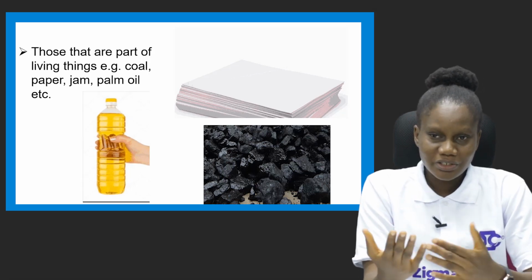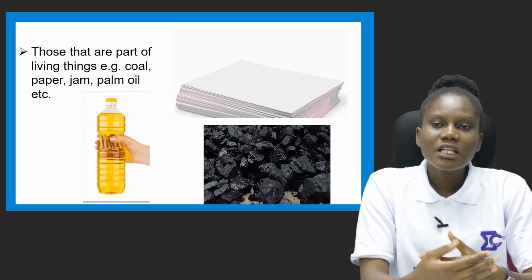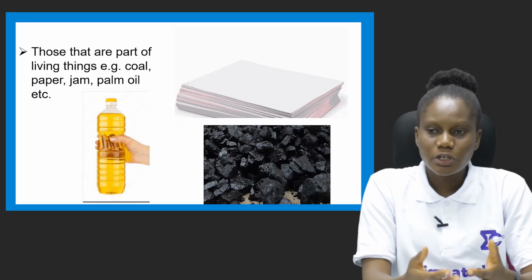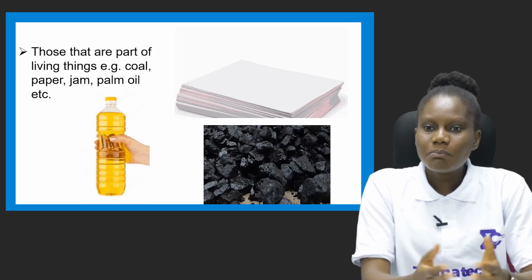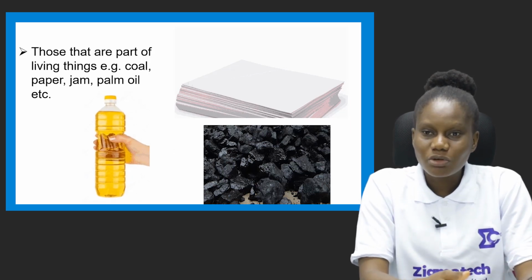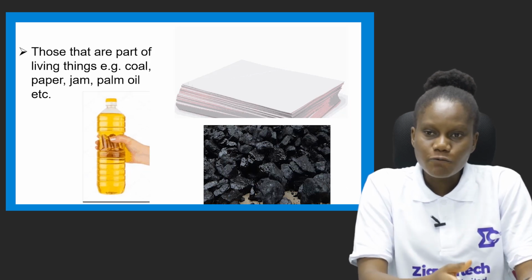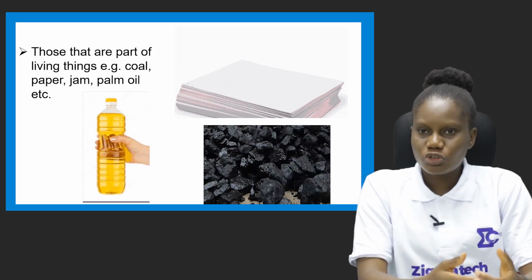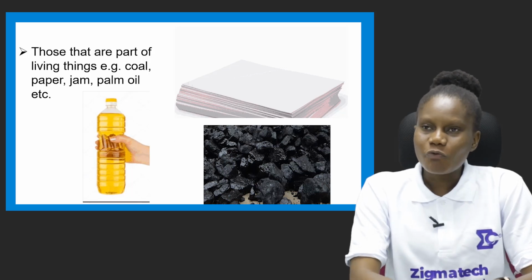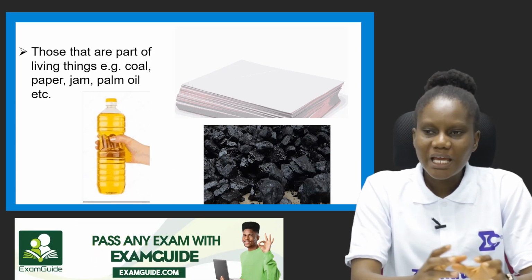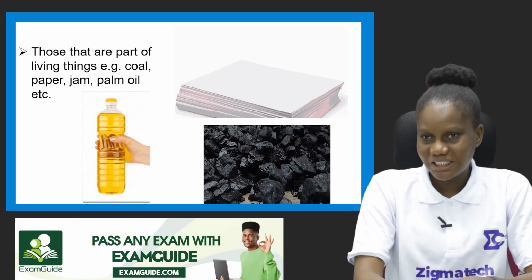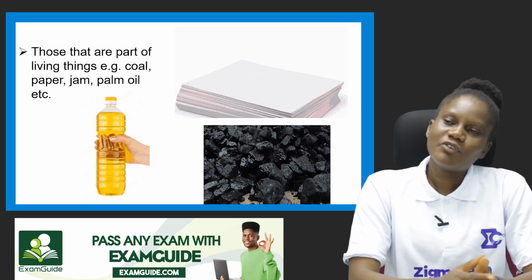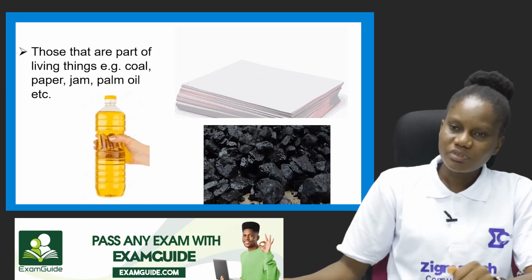For example, the oil that you see there, you can get from groundnuts. Sometimes they get it from groundnuts and some other plants. Your vegetable oil can also come from cashew nut. So they were all part of living things before they changed to non-living things.